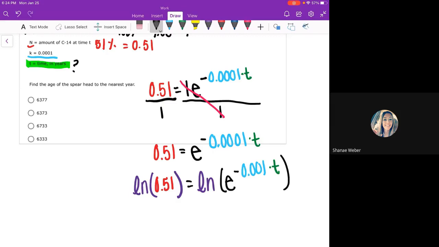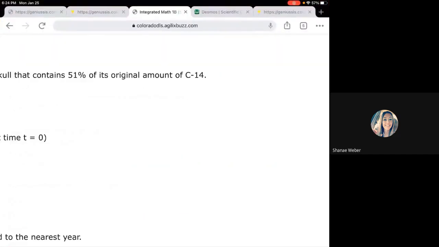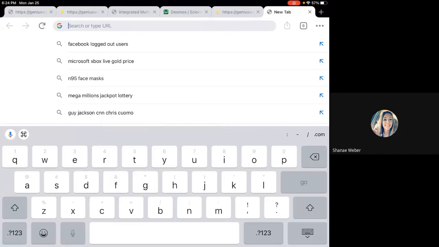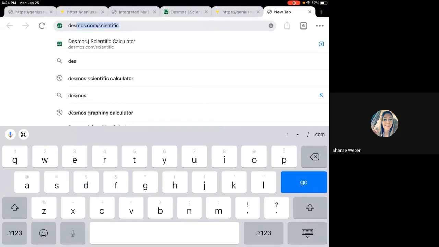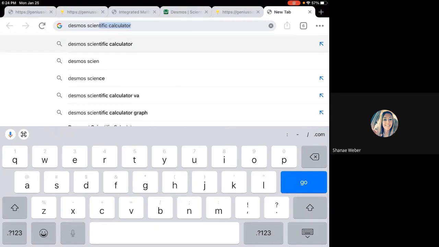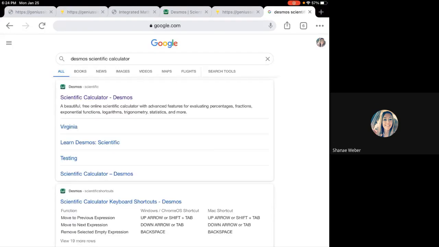And for this, you do need a calculator, so I will show you the one I like to use. I'm going to go to Google. You can use this too on your computer, or you can download it as an app on your phone, but it's called the Desmos Scientific Calculator. So this guy right here, and it's the first one that pops up on Google.